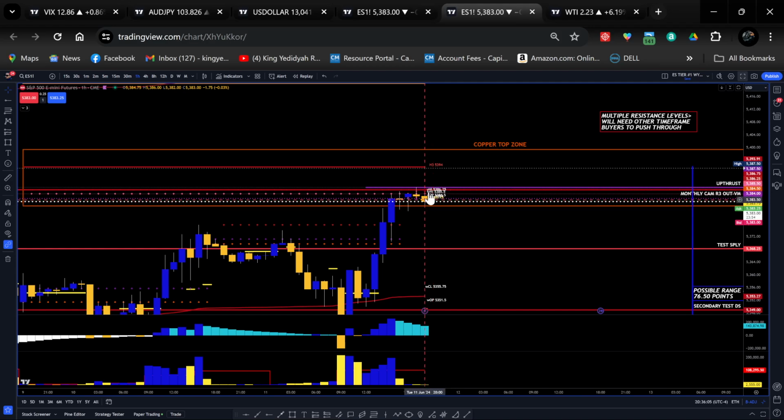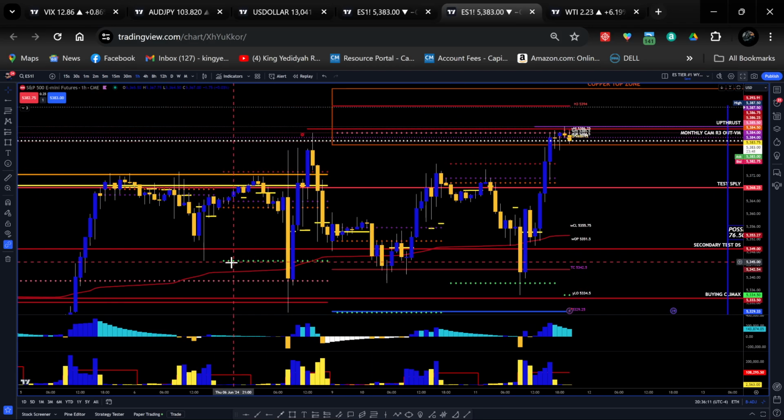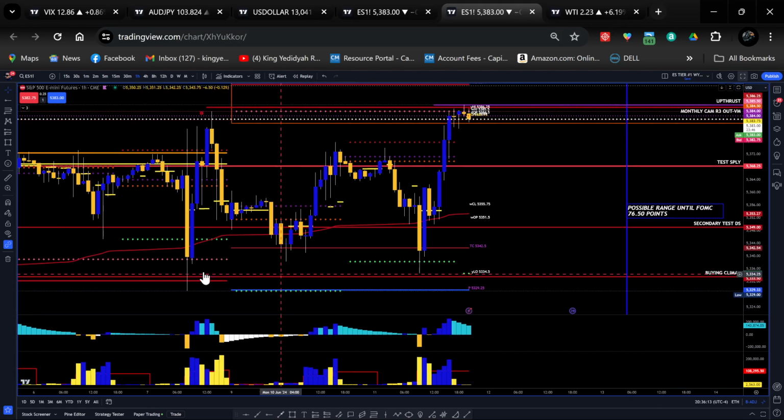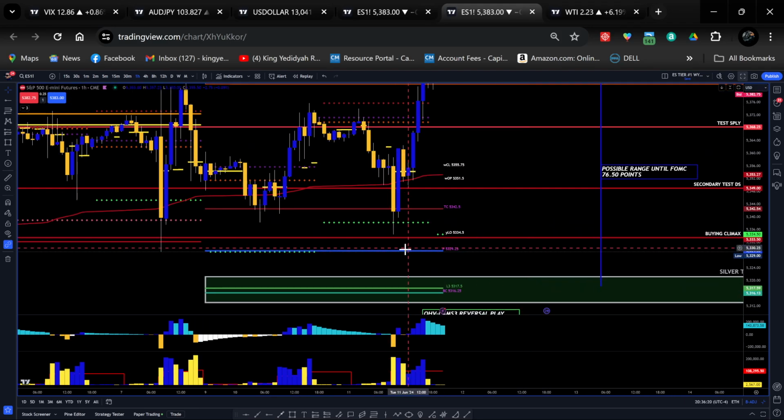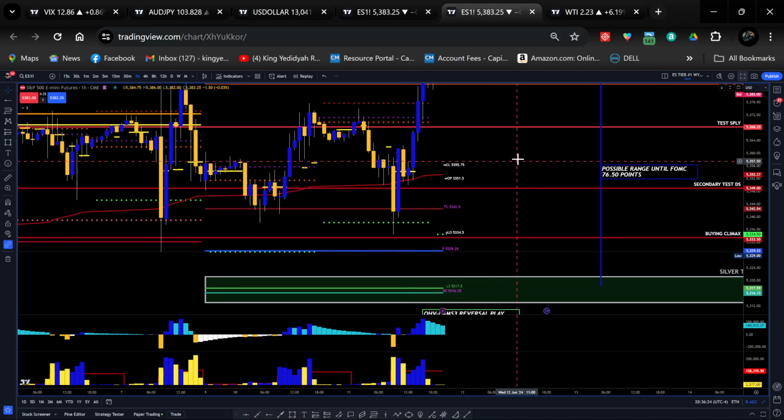They were all right here, just a stop price. So we have this double top here from last week. Then we have this retest of it a little higher, still staying above this central pivot right here at 53.29.25.